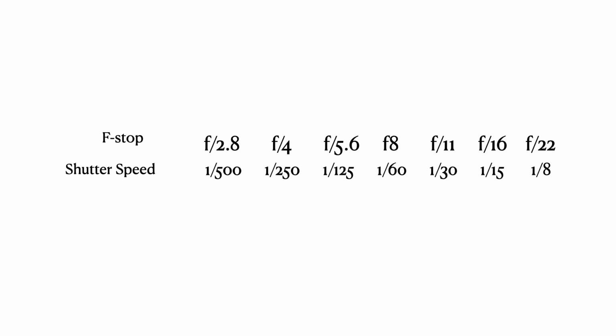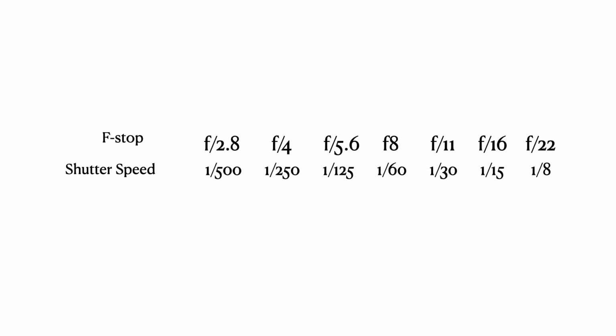If that's the case, you could do any of these other pairings and still get a properly exposed image. f2.8 for 500th of a second, all the way up to f22 for an 1/8 of a second. Those are all going to give you a properly exposed image. The difference, of course, will be that f2.8 image is going to give you a very shallow depth of field.